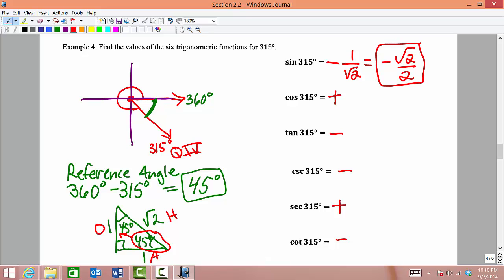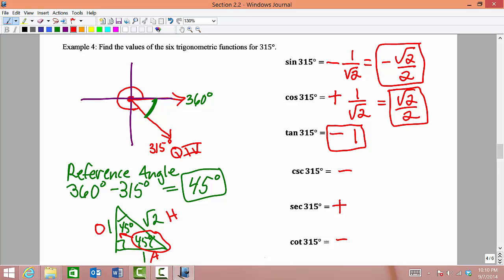Cosine is adjacent over hypotenuse, 1 divided by square root of 2. So this time we get positive square root of 2 divided by 2 for cosine. For tangent, that would be opposite over adjacent, so that would be 1 divided by 1, which is just 1.